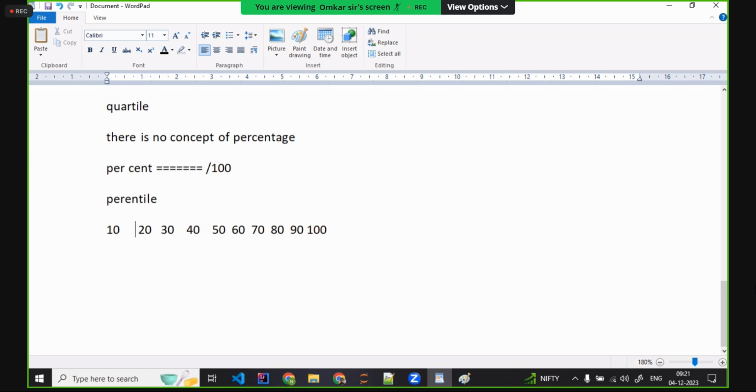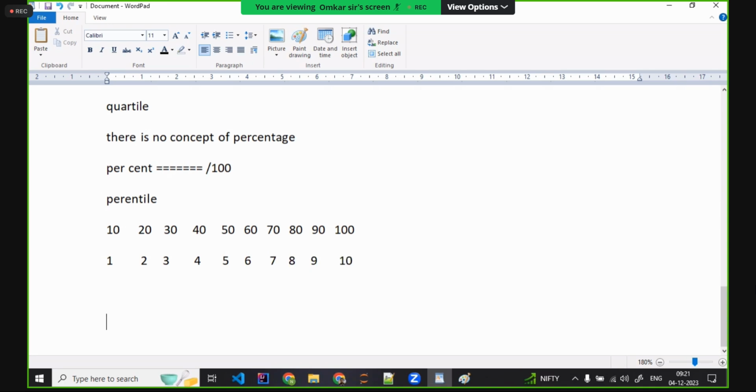Just give the observation number also. This is the first observation, the second, the third, fourth, fifth, sixth, seventh, eighth, ninth, 10th observation.